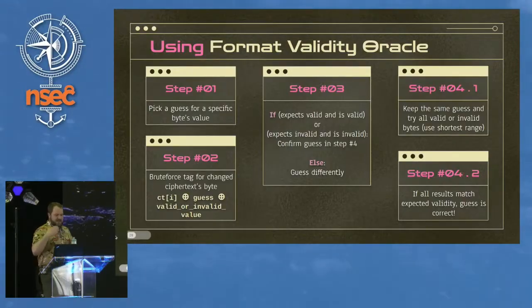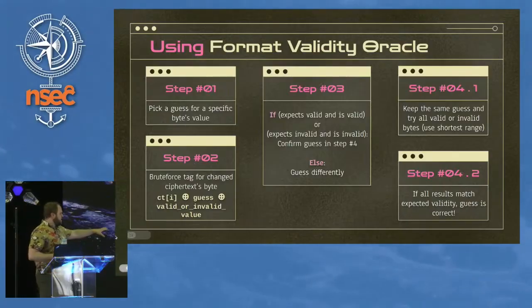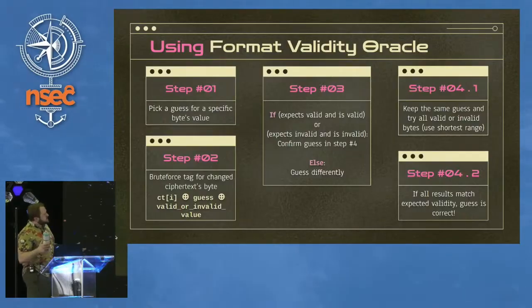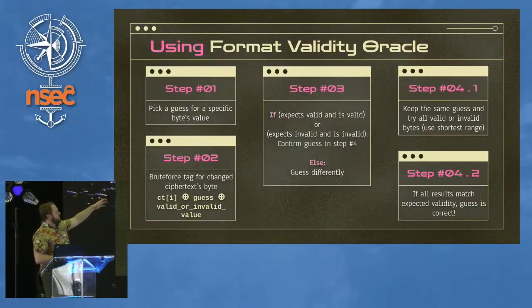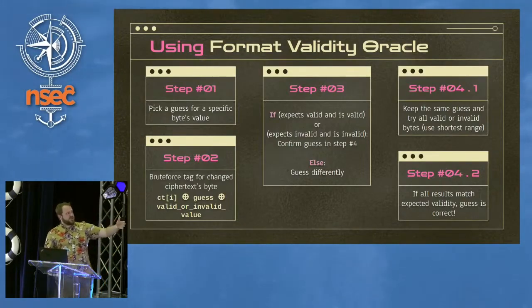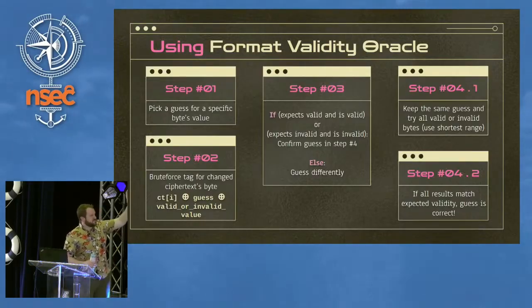And once you've applied that XOR of that guess, it should be null. So now you apply either a valid or invalid value, depending on what range is smaller, because you'd be making fewer requests. And then if you expect it to be valid and it's valid, or the contrary, you expect it to be invalid and it's invalid, you need to confirm your guess. Otherwise, it's not a good guess. You start again.